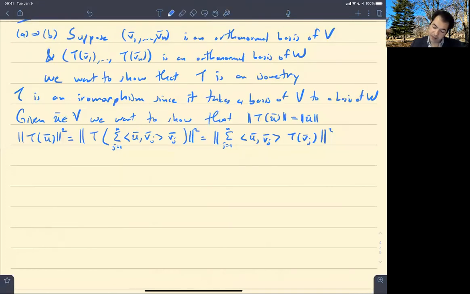So then by the Pythagorean theorem, I can write this as the sum, j goes from 1 to n, of the norm of the inner product of u with vj times T of vj, norm squared. Okay, and then I can pull out the coefficients with their modulus.